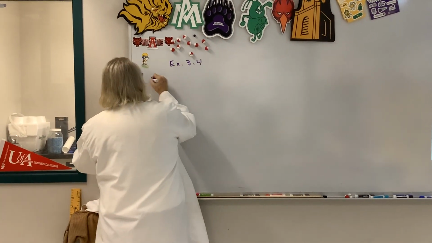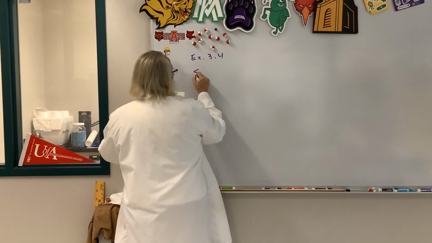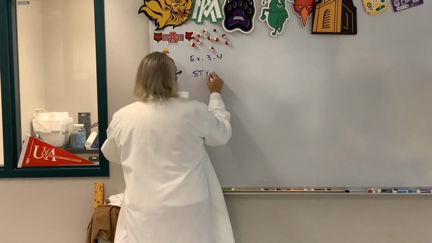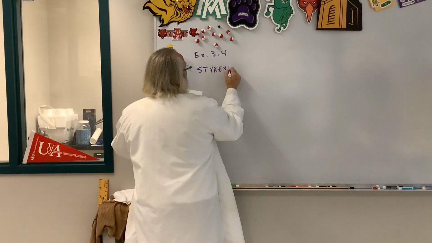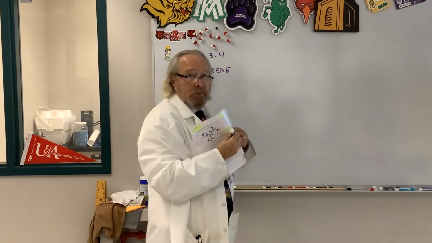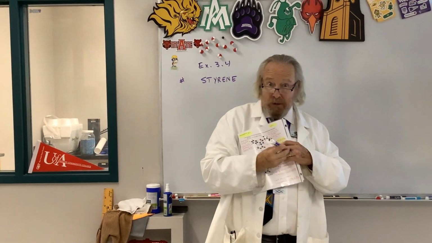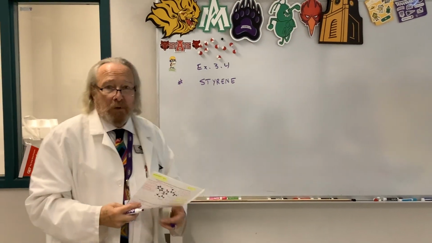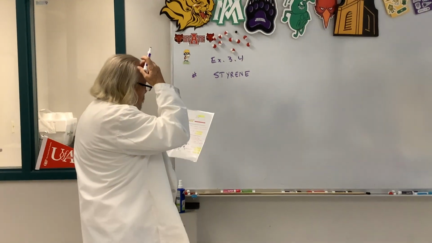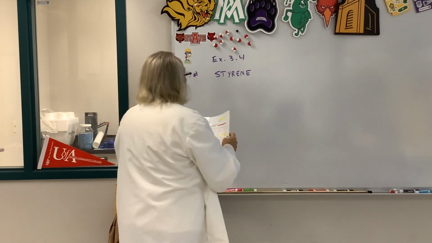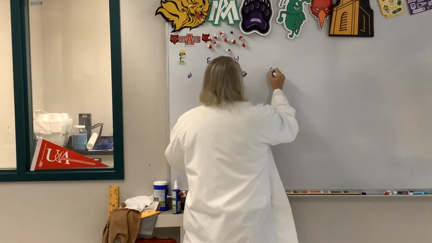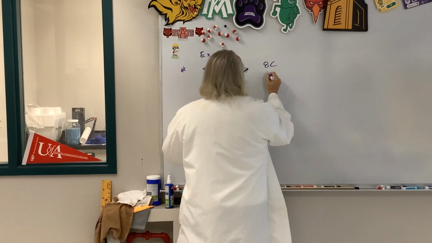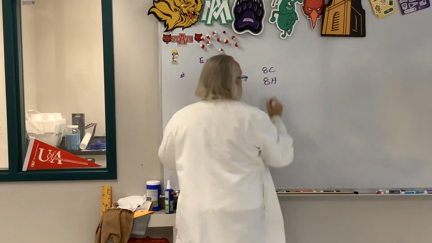So this is exercise 3.4, and question number 1 asks for the combustion analysis of styrene, the monomer precursor to polystyrene, or what we make foam ice chests or foam archery targets out of. And this has 8 carbons, if you add them up, and 8 hydrogens.